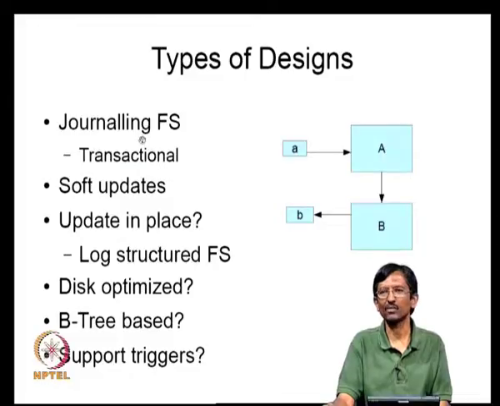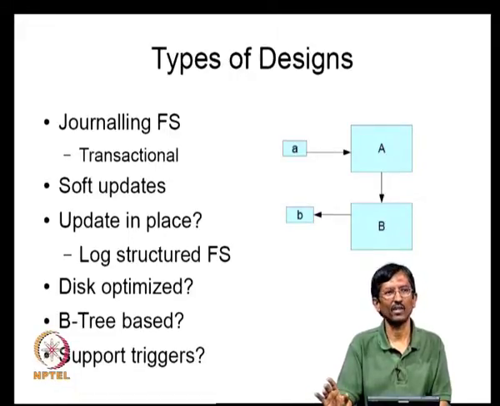In journaling file systems, you do logging, and you first make sure that all the changes are in an intent log, and from there they go to what are called home locations. Whatever changes you make first go to the log, and then once the transaction is completed, you trickle back from the logged values to the home locations.